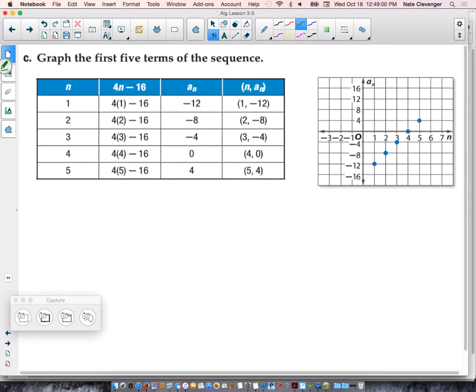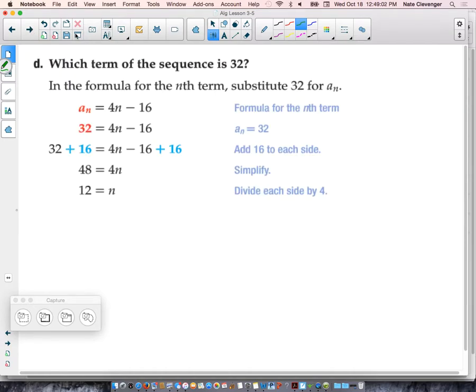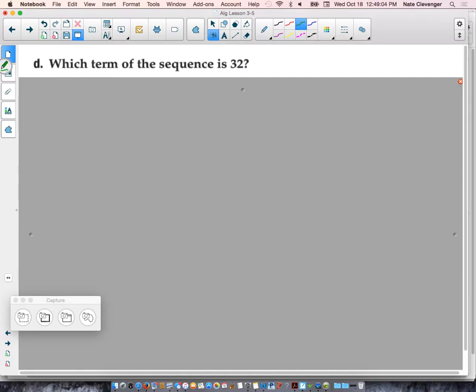Okay. Now this is the one I think is pretty cool. Which term gives you the value of 32? So our formula for this had been an equals negative 12 plus n minus 1 times 4. When I was looking for the 9th term, Corey, I plugged in 9 for n.